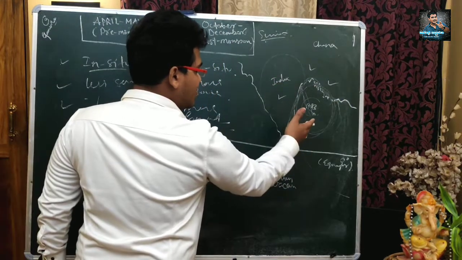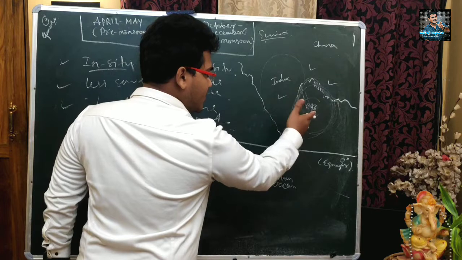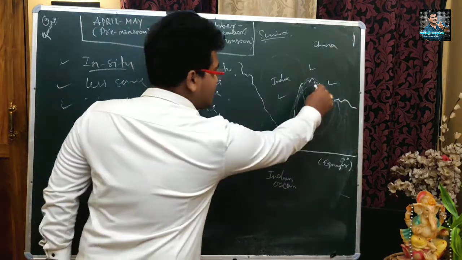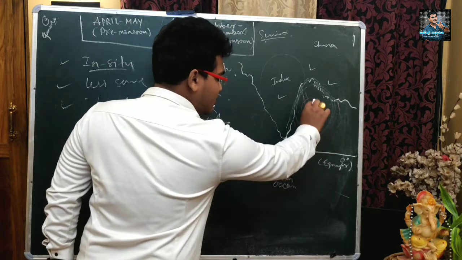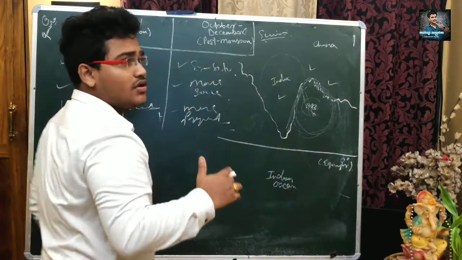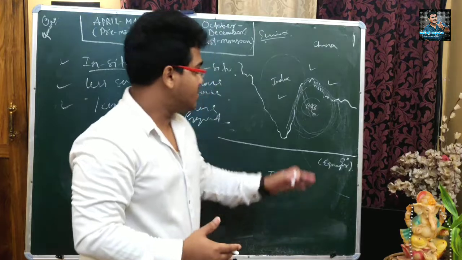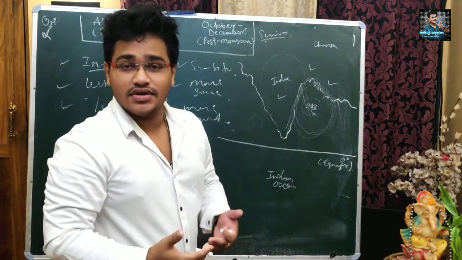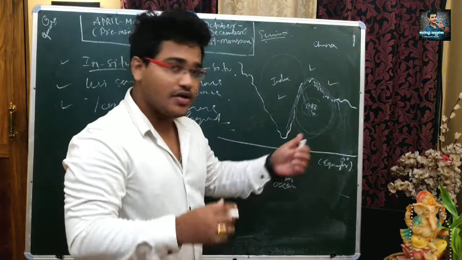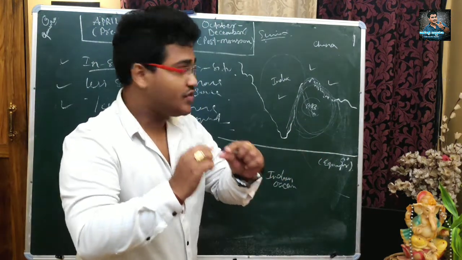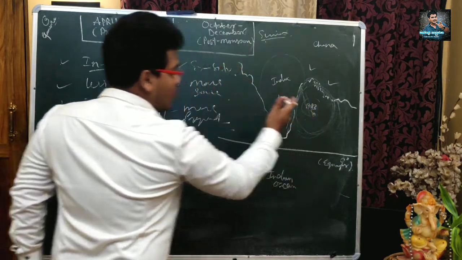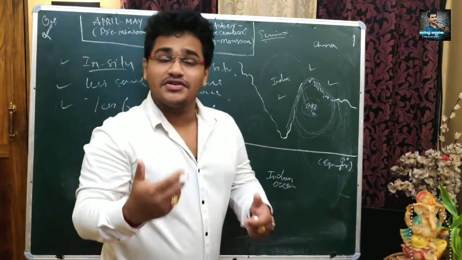So what happens, even though the specific heat of the water body is more, in this area, up to a depth of around 60 to 70 meters, the surface water heats up or captures heat within. As a result it also becomes a low pressure area.